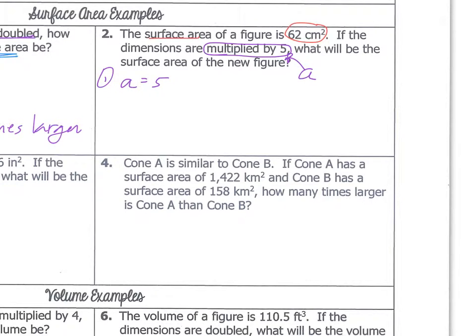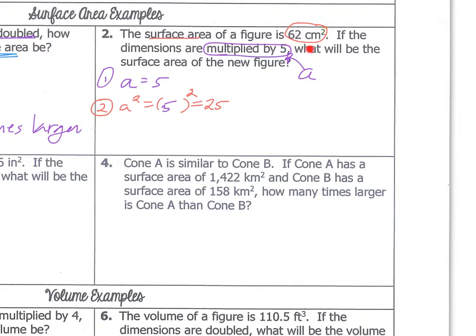Step 2, what are the effects of a scale factor of 5 on our surface area? We're going to find A squared. So I'm going to take that 5 and square it. That equals 25. What that means is the new surface area is going to be 25 times bigger.